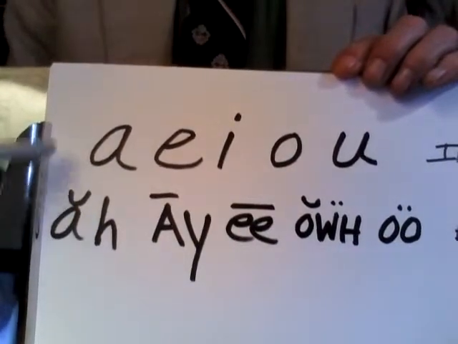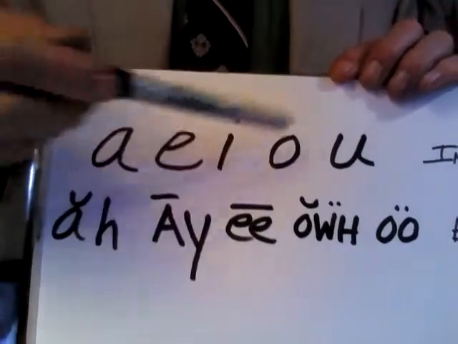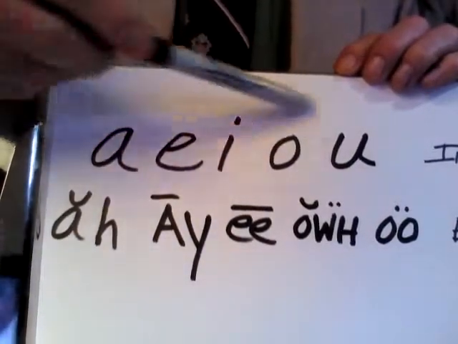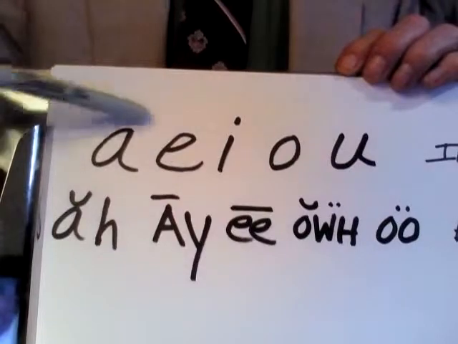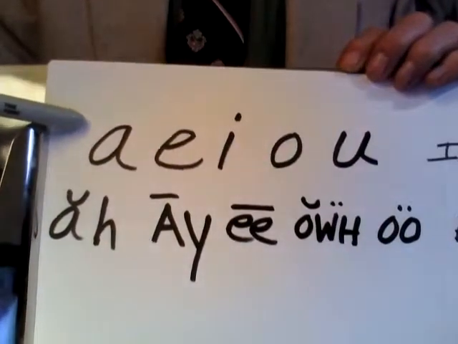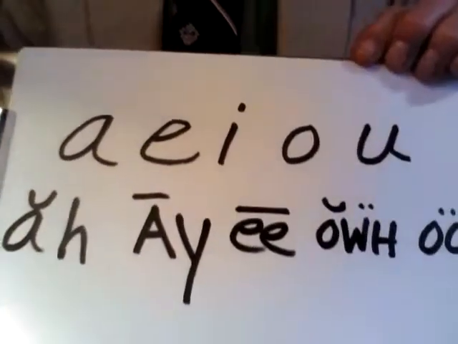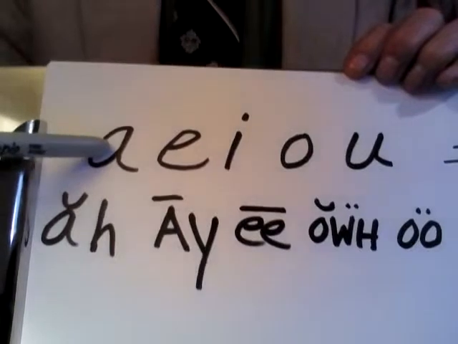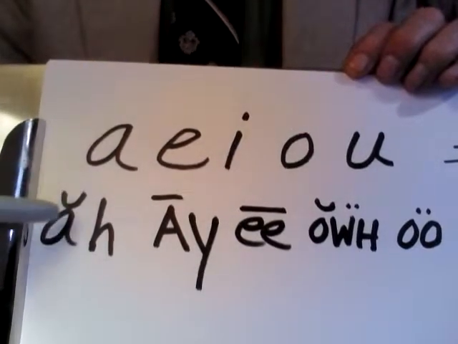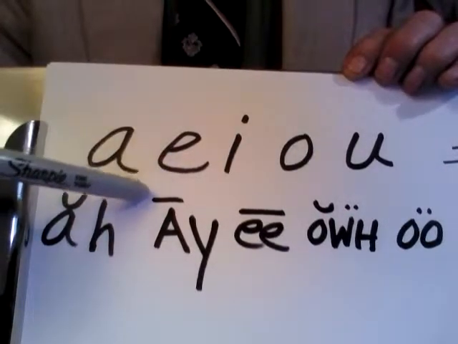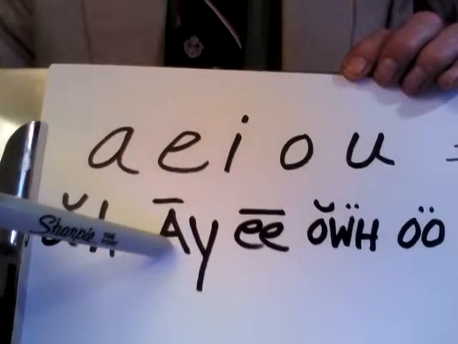In Spanish, the A-E-I-O-U are the basic vowels, which we all learn in elementary school, hopefully. Where you see the A in Spanish, it's pronounced ah. And where you see an E in a word, it's pronounced like the long A.